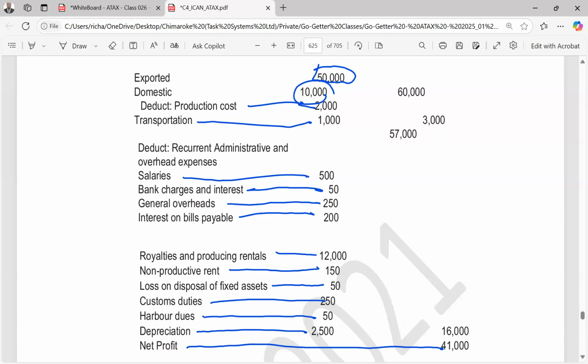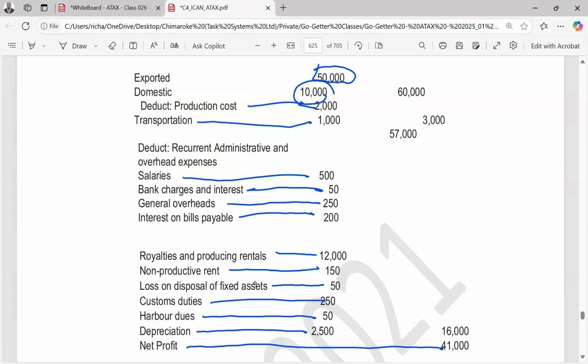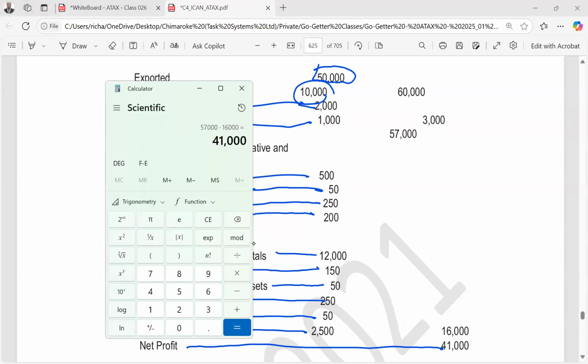It is supposed to find that figure. It's hidden. This is 60 here minus 3,000 is 57. 57 minus 16. That's why we got the 41. So this 16, this is what makes up the 16. Let's see what makes up that 16.